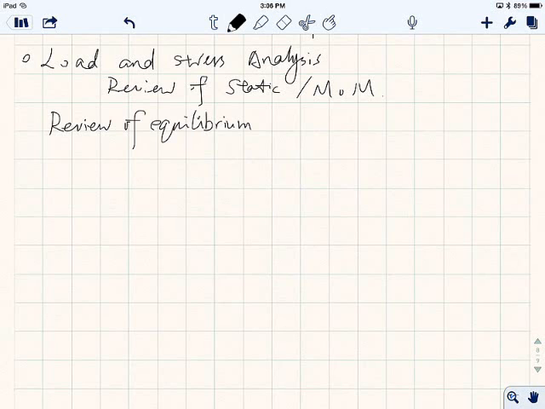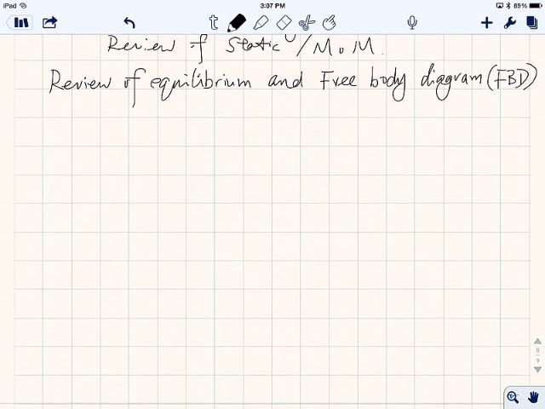So we have a review of equilibrium and free body diagram, in short, just FBD. All right. Okay, first of all, let's see what equilibrium is.